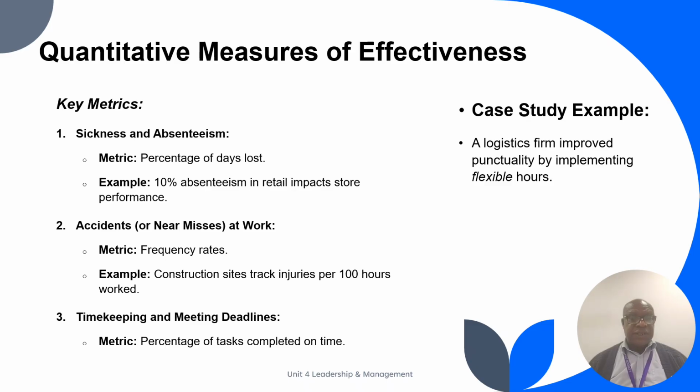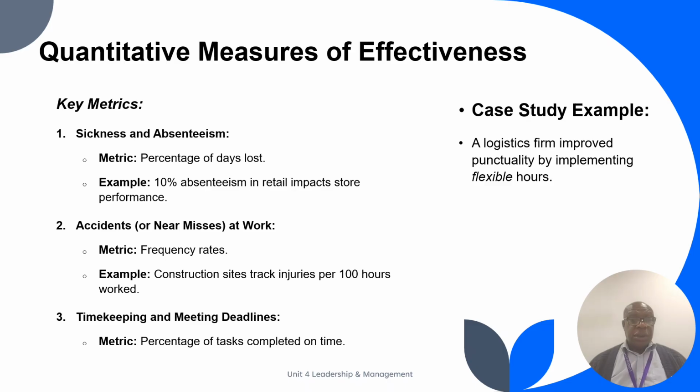Number two, accidents or near misses at work. Under health and safety, this is quite important as well. The frequency rate of accidents or near misses must be recorded. There has to be a recording book or system in every organization, as the policy says.